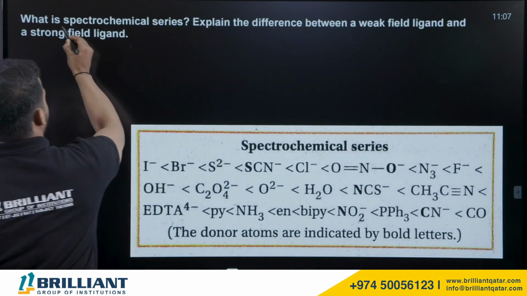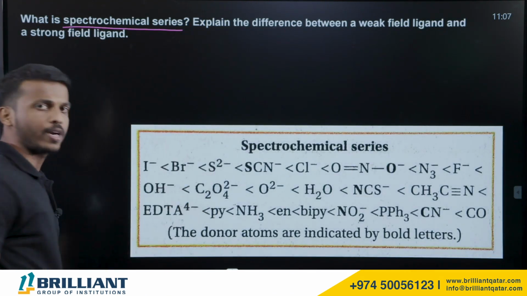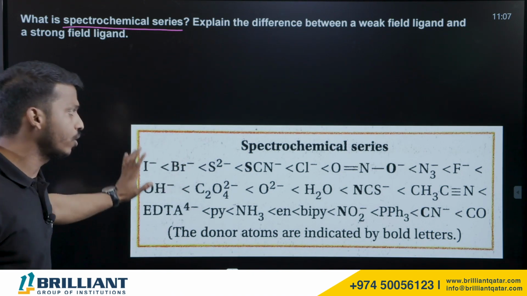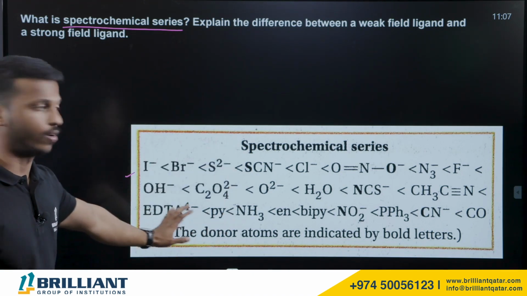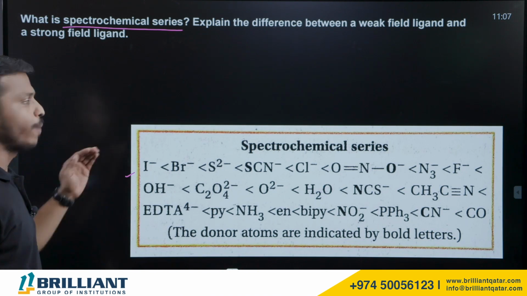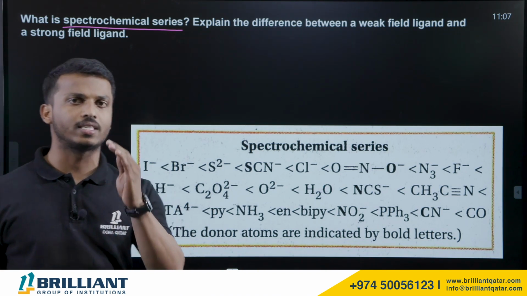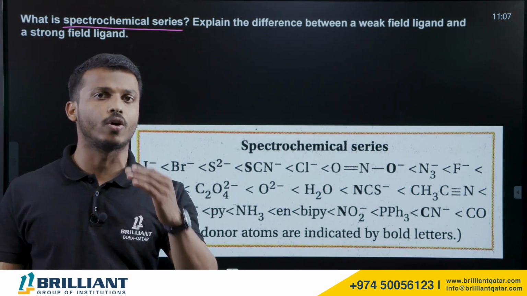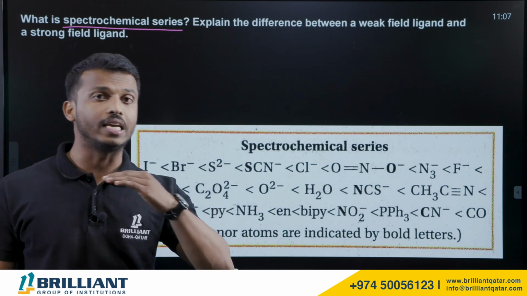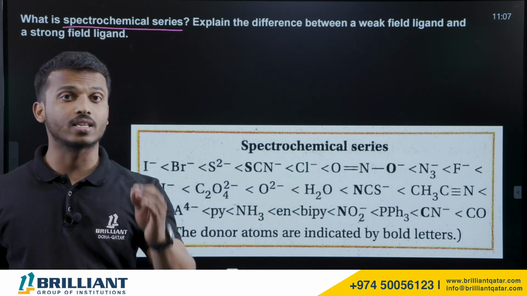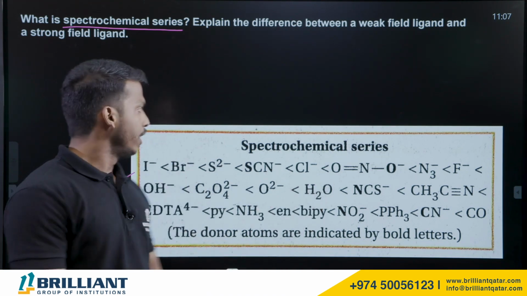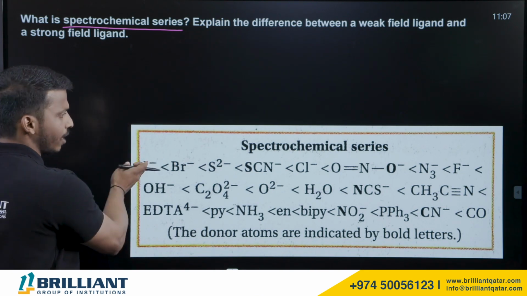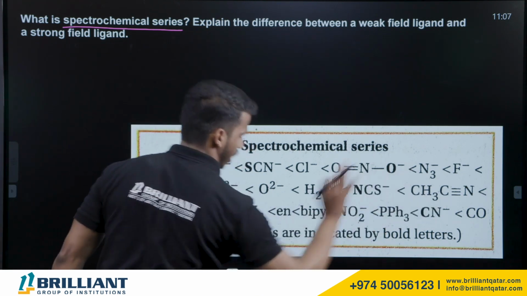What is the spectrochemical series? We discussed before. The spectrochemical series is compulsory to know for each ligand. The spectrochemical series means an arrangement of various ligands in the increasing order of their crystal field splitting energy. Dear all, you can see it starts from iodine to carbonyl.